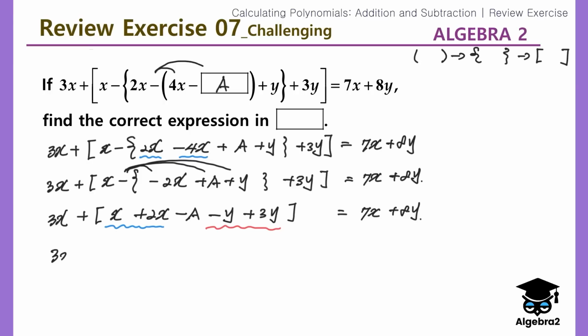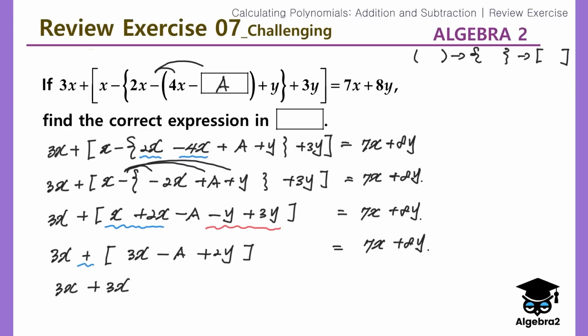So we have 3x plus 3x minus a plus 2y is equal to 7x plus 8y. So far so good. Okay, we have a bracket with a plus here, right? So we just have a 3x plus 3x minus a plus 2y. That is equal to 7x plus 8y.